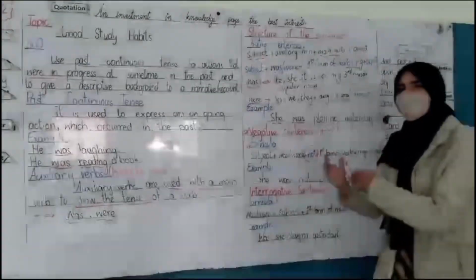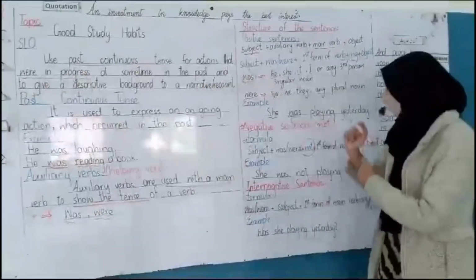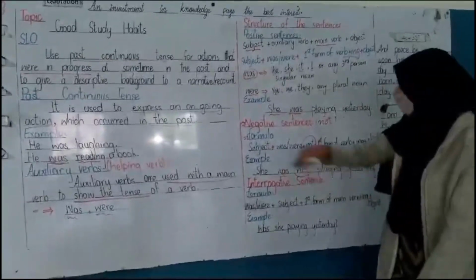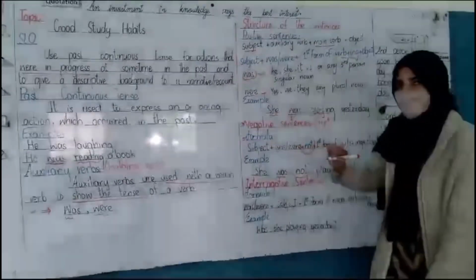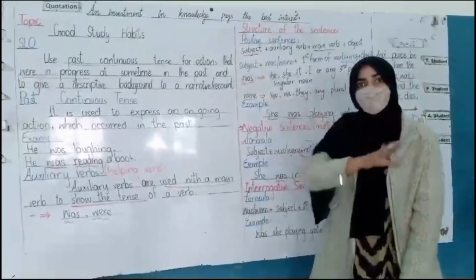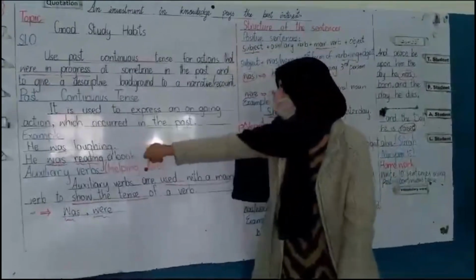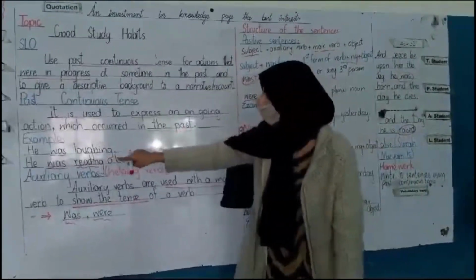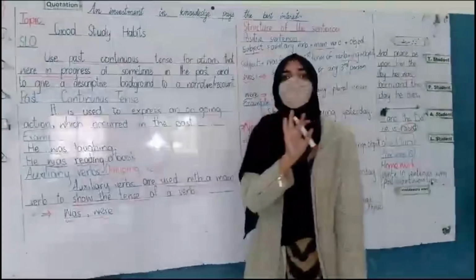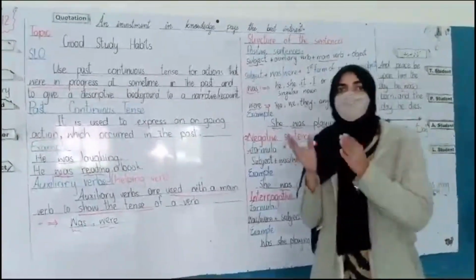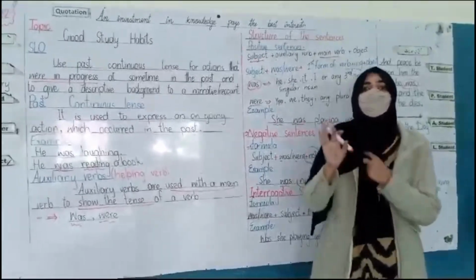This sentence is mostly similar to the positive sentence, but we use not after auxiliary word. Was and were are auxiliary, and we will use not after auxiliary word. You can also convert this sentence into negative, like he was reading a book, he was not reading a book. He was laughing, he was not laughing. Here we are using not after auxiliary word.